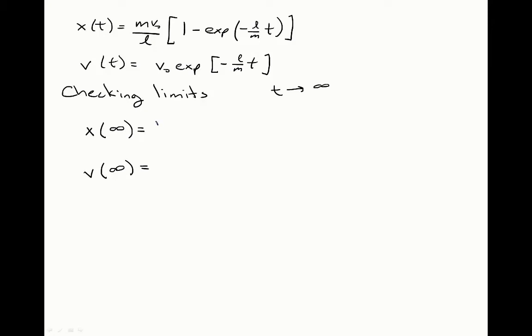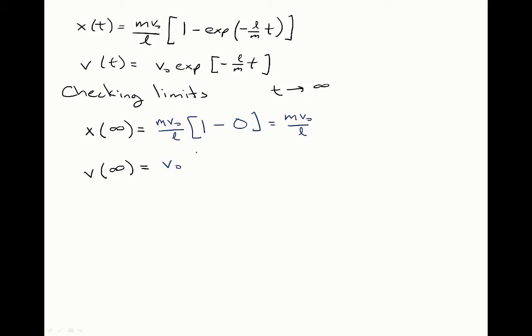Okay. So what do we have? 1 minus the exponent as time goes to infinity. So this is an exponential, minus exponential. E to the minus infinity is 0. So it just becomes m v naught over L. And what do we get for velocity?